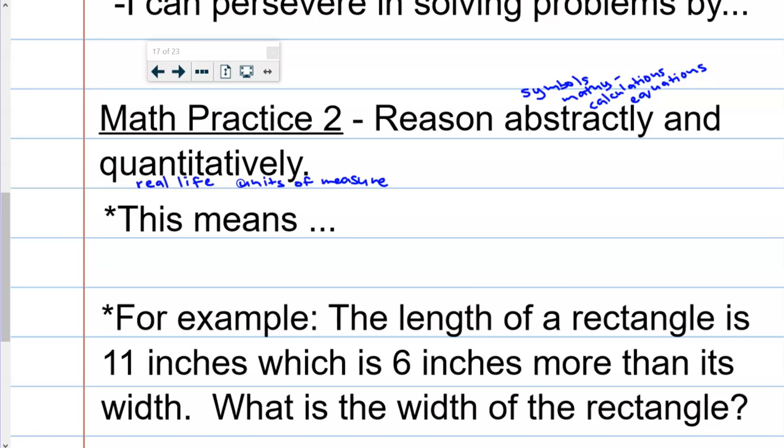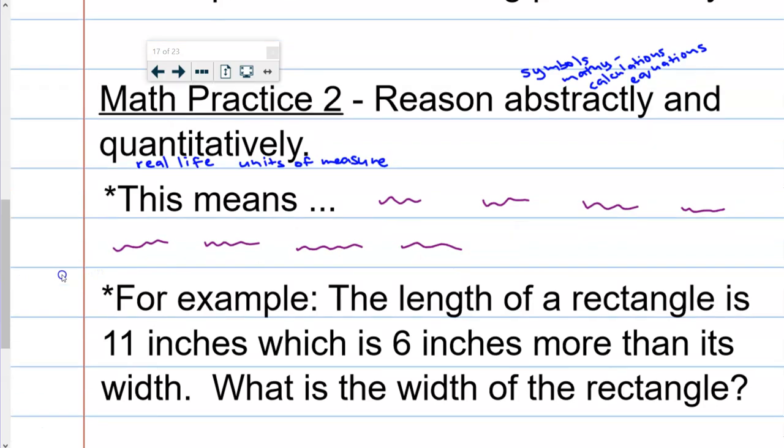So with that in mind, put this in your own words. Reason abstractly and quantitatively. What does that mean? And this is your job now. This means... This is in your own words. When I say reason abstractly and quantitatively, what does that mean? Whatever you're writing down here, remember that's going to be your homework, typing that into Canvas.